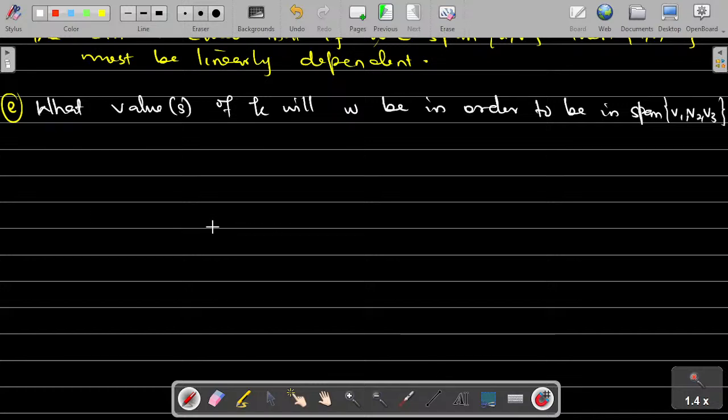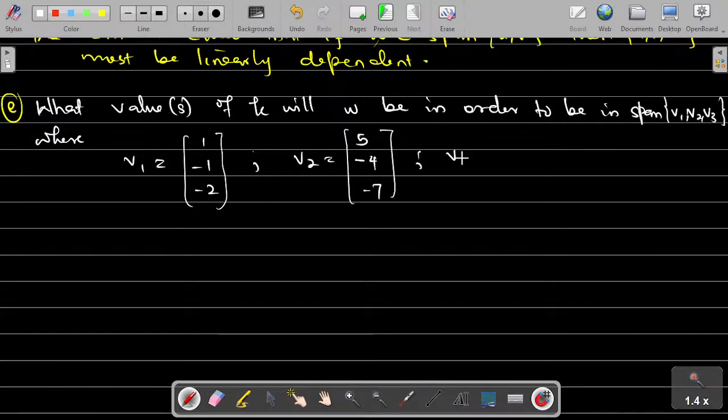So v1 is equal to 1, minus 1, minus 2. Then v2 is equal to 5, minus 4, minus 7, and then we have v3 as minus 3, 1 and 0, and then the w that was given is minus 4, 3 and k.